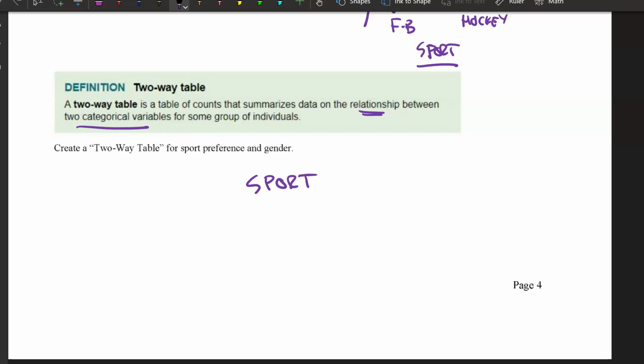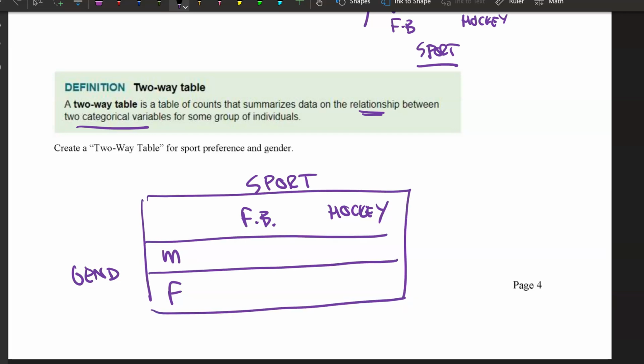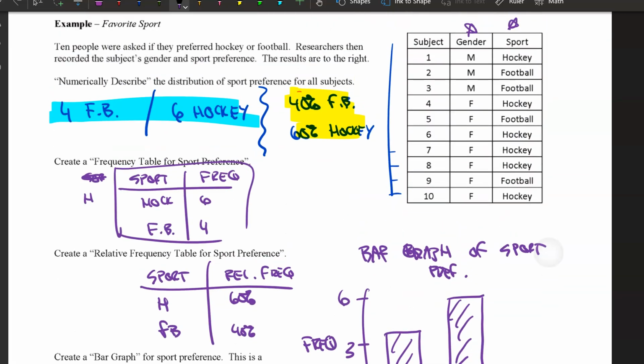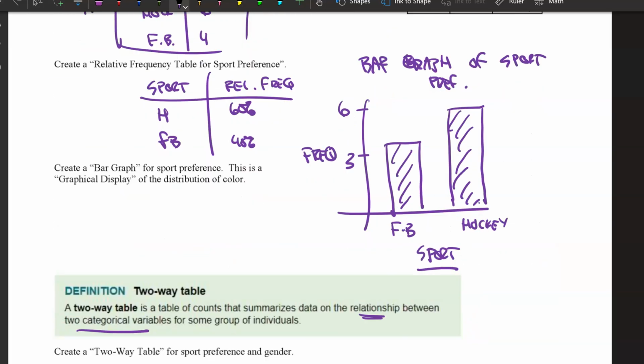So let's go sport. We got football, hockey, and gender. We got male and female. So this kind of creates a little two-way table. So how many guys like football? 2 guys like football and 1 guy liked hockey.